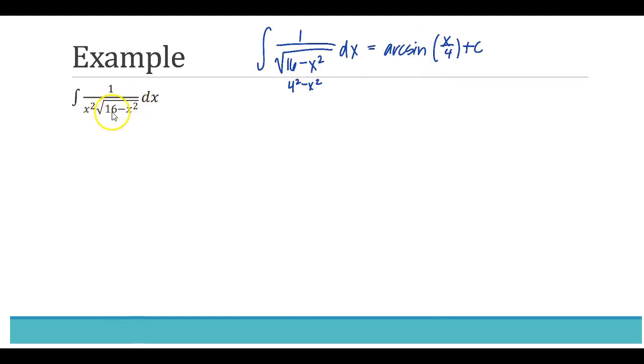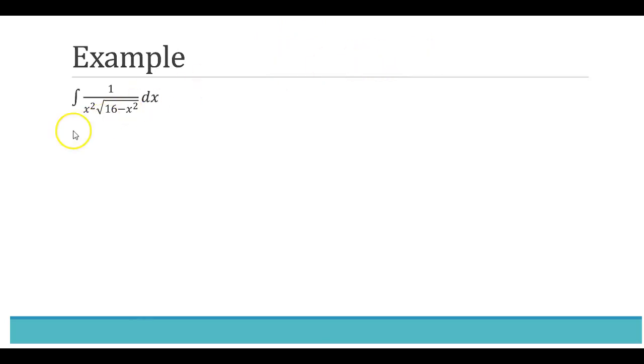So the square root of a number squared minus x squared, just like here, became arc sine. The substitution that we're going to make is a sine theta.